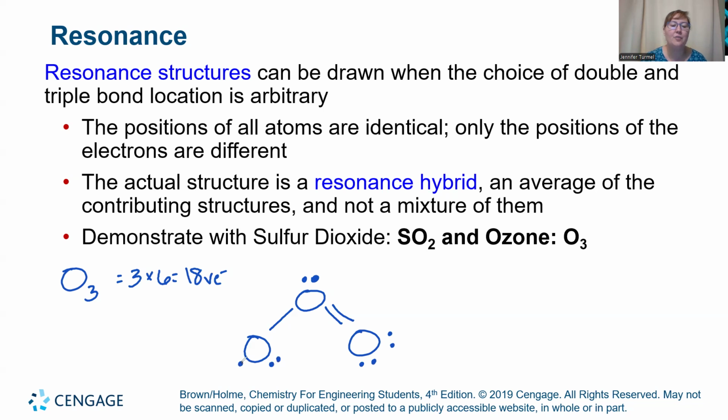It doesn't like to have 3 bonds and 1 lone pair, and it doesn't like to have 1 bond and 3 lone pairs. That doesn't give it a formal charge of 0. We're not getting into formal charges in this class, but it's not real stable. That means this oxygen here is the most stable, and it'll go back and forth on a resonance structure where that double bond moves.